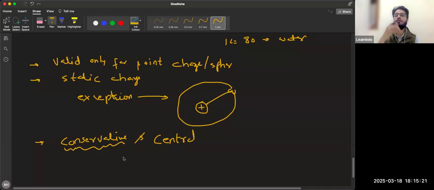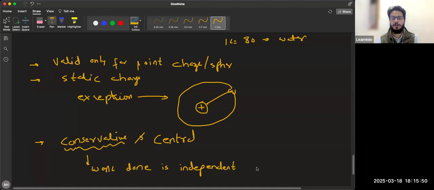See, conservative forces are very, very special forces in physics. These are the forces for which the concept of potential energy and potential is valid. If you don't have conservative force, you don't have potential, you don't have potential energy. The definition of conservative forces: work done is independent of path.